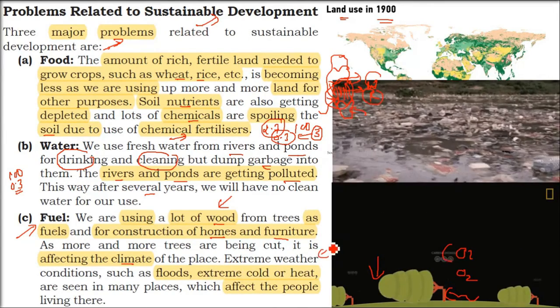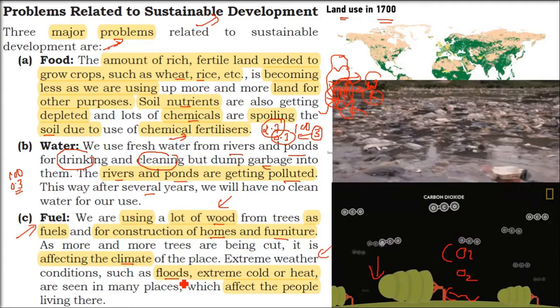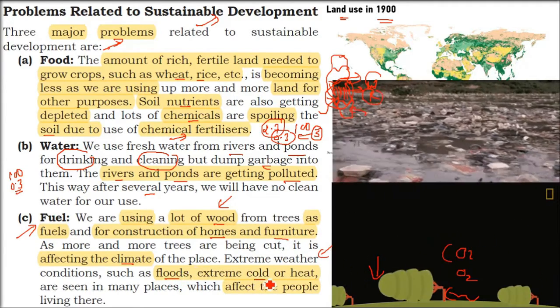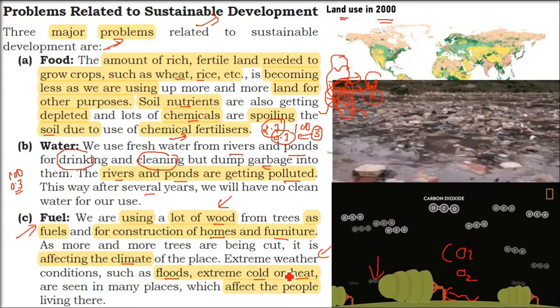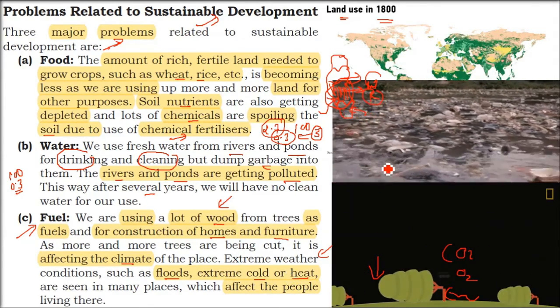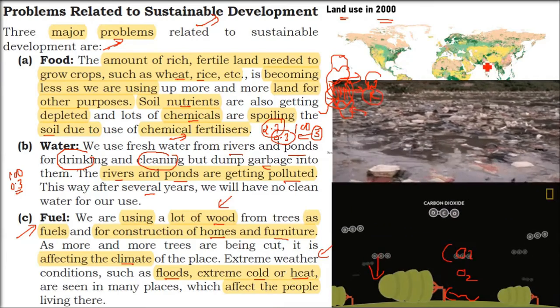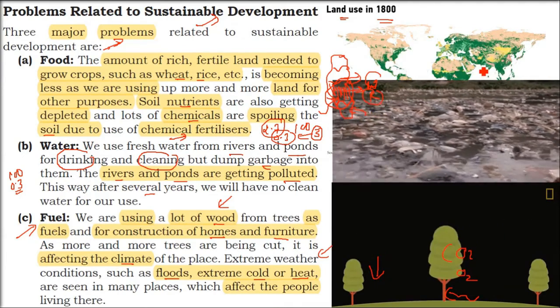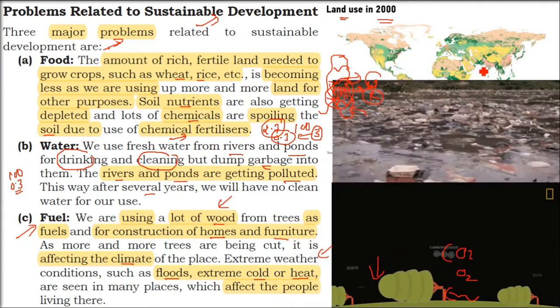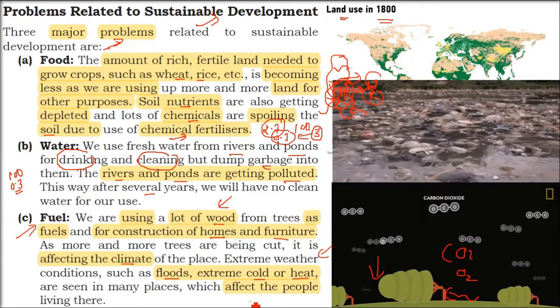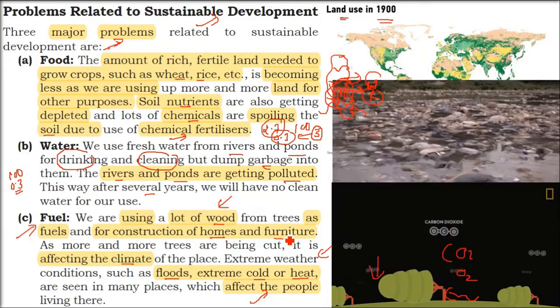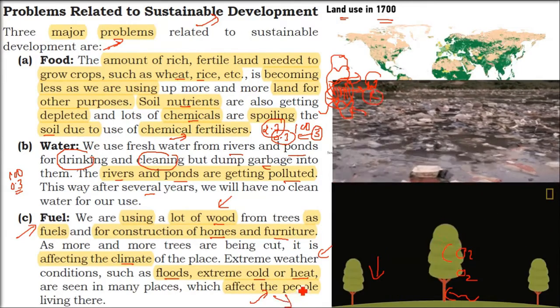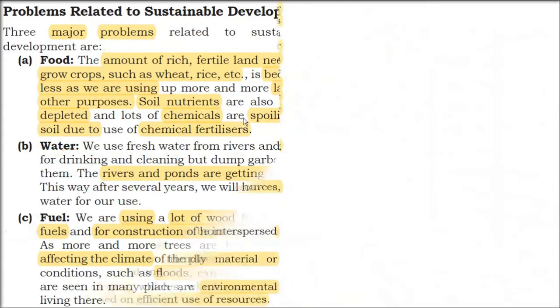So what you see today is extreme weather, floods, extreme cold and heat. We have tsunamis. We have a climate which was never seen. This is because of all the things which we are doing. These are affecting people. This is not now just literature. This is what we are seeing in our lives.